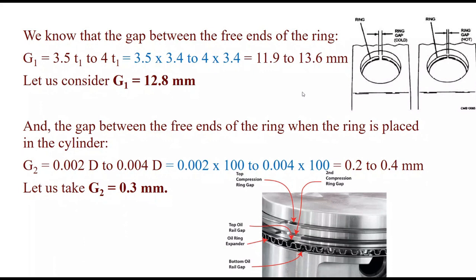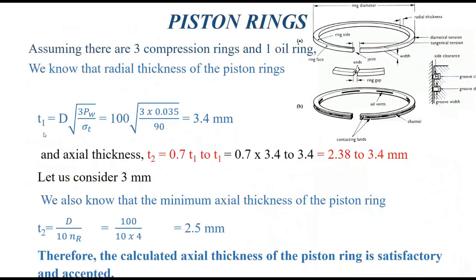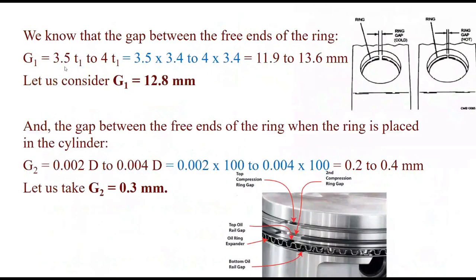All right, so what should be the gap? Gap G1 is given as 3.5 to 4 times T1. For T1 we have assumed 3.4 millimeter radial thickness. So based on this radial thickness, 3.5 to 4 times T1 is 11.9 to 13.6 millimeter.